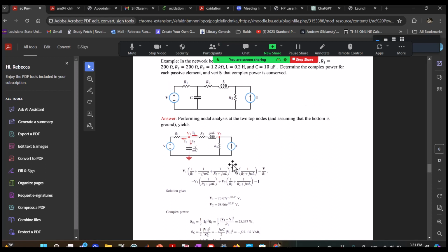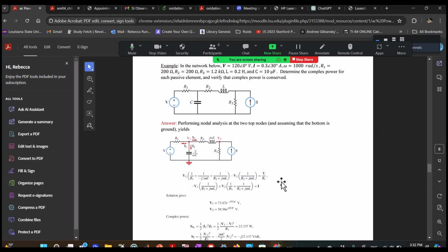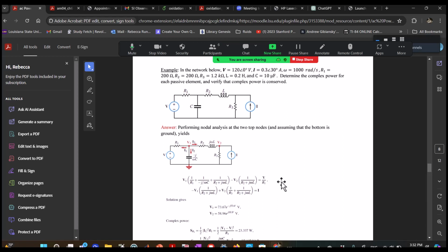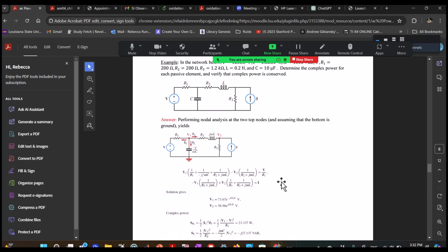This one, there is no nice way to do this one without technology. And so I just put my foot down. I'm not doing it.